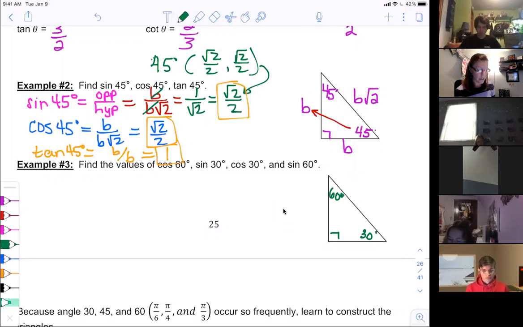So when we had a 30, 60, 90 triangle, that's a special triangle. We said the side across from the 30 was a, across from 60 was a root 3, and then the hypotenuse was 2a. So special right triangles have special patterns on a way to find their sides.